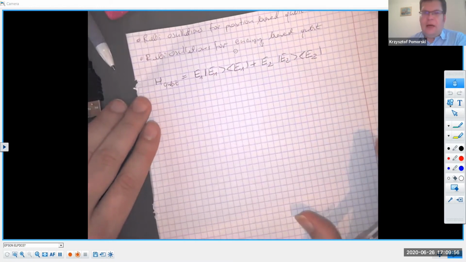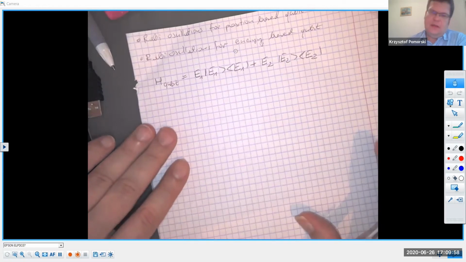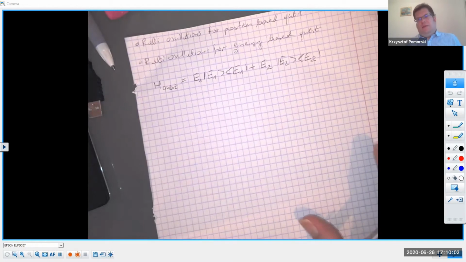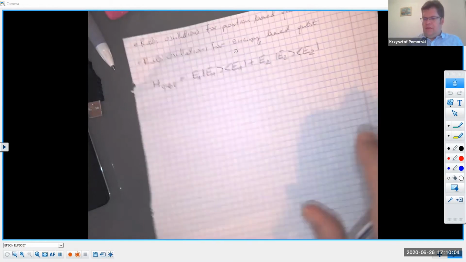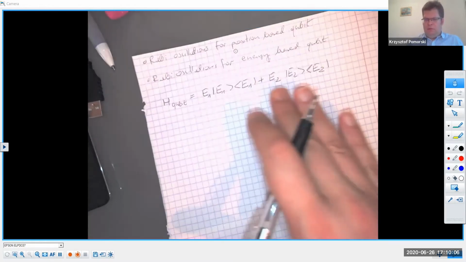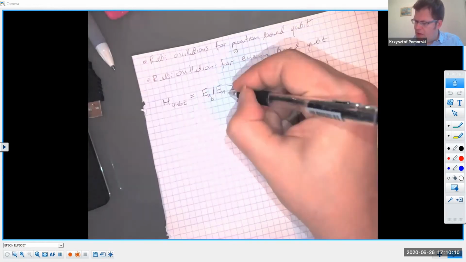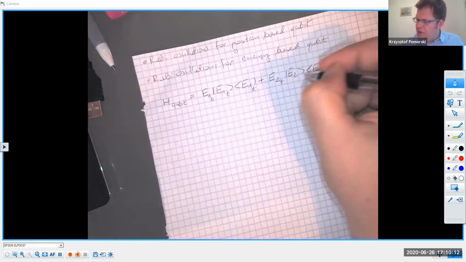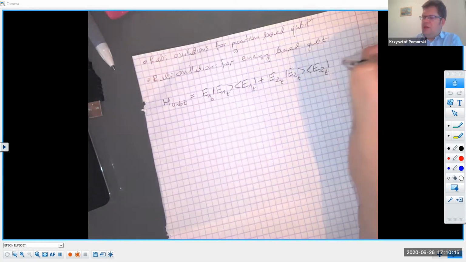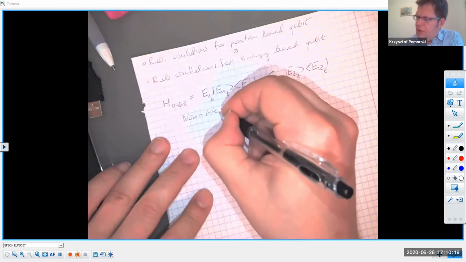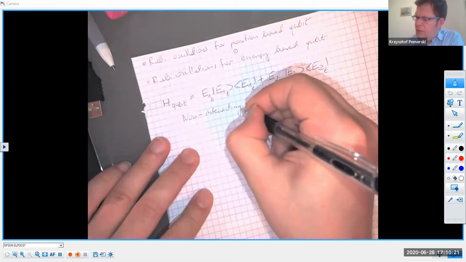And actually, to be more specific, this can also be time dependent, since in the general case the eigenenergies can also be time dependent. So this is the general case for non-interacting qubits.